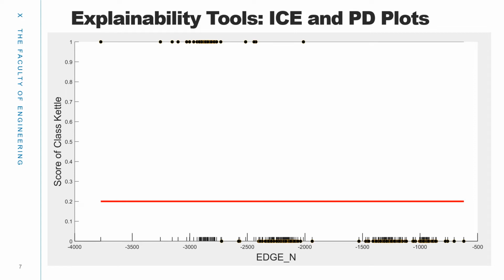The instances, that is the black dots, at the score of 0 show no importance on the prediction of keto. The black lines you see in this figure simply show the distribution of Edge N feature instances. So it is seen from the figure that while the PD plot value is low on average, there are a few instances that have very high impact on the prediction of keto.